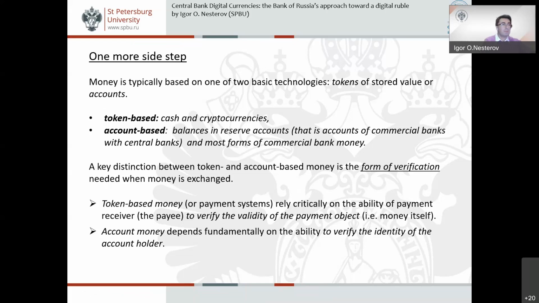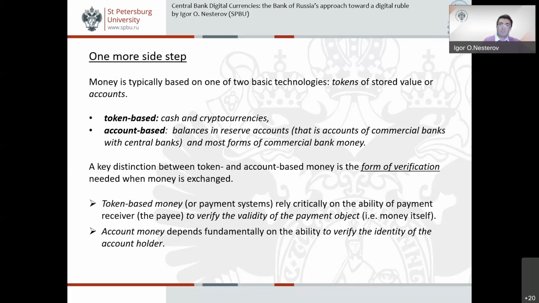First of all, token-based money are cash and cryptocurrencies, while examples of account-based money are balances in reserve accounts, that is accounts of commercial banks open in central banks, and most forms of commercial bank money, that is accounts opened with commercial banks by either individuals or businesses like companies, legal entities.